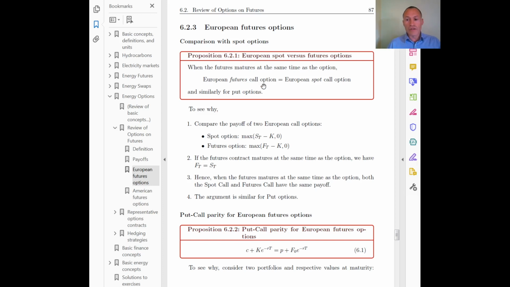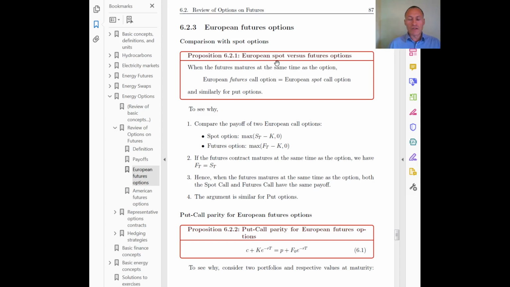Okay, so the important result here is that when we have a futures that matures at the same time as the option, which for these energy options that we're going to look at is a very good approximation, because typically the option matures just before the maturity of the future, so they are very close. So we can approximate this by saying that it is the same.